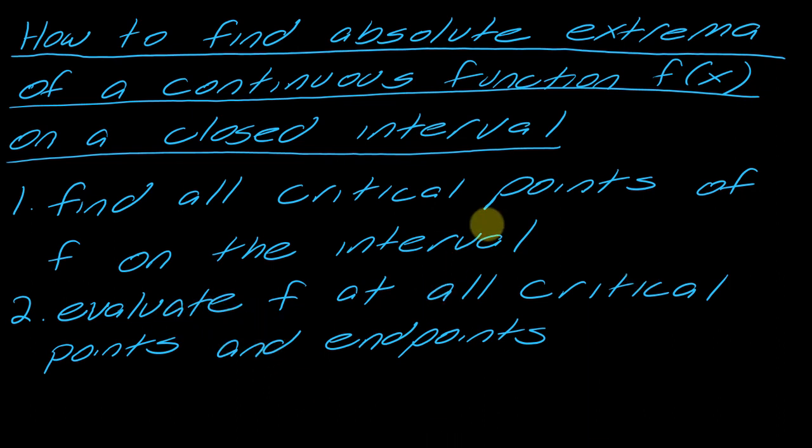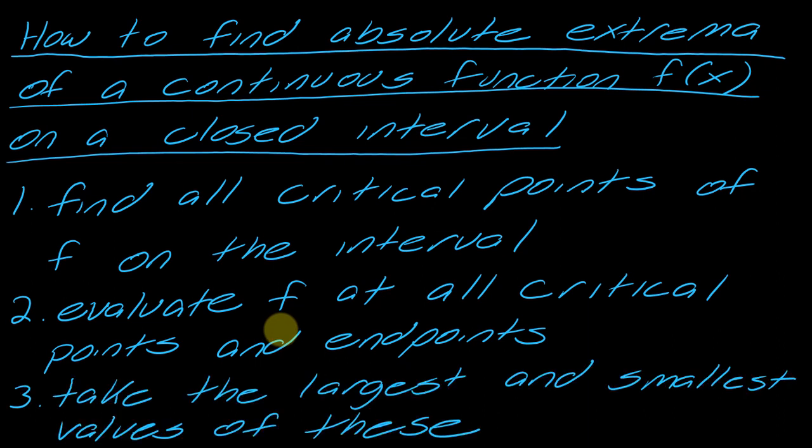So I find my critical points, and then basically you plug your critical points into f, not f prime, into the regular function f, and then you also plug the endpoints into f. After you've done that, all you have to do is take the largest and smallest values of these. So this is actually a really nice, straightforward process when we have a closed interval.